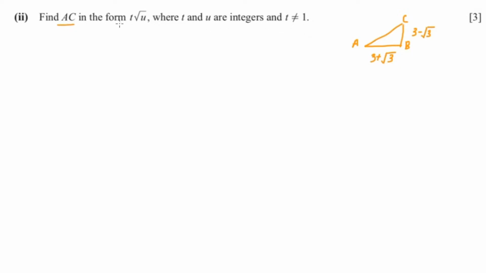So what I'm going to do is square root of 3 plus surd 3 squared plus 3 minus surd 3 squared.